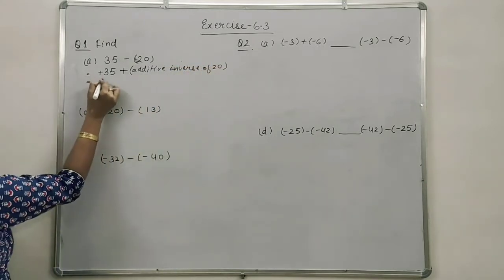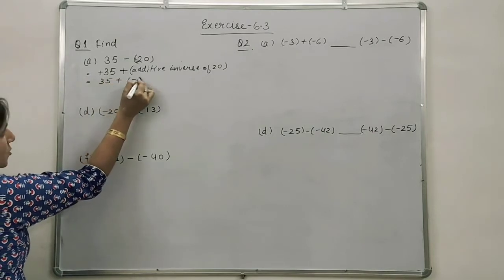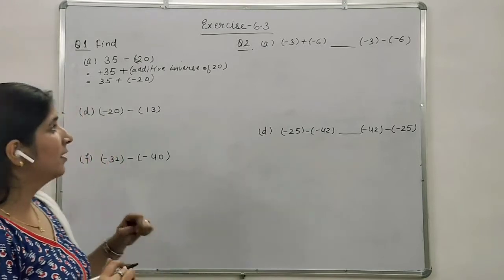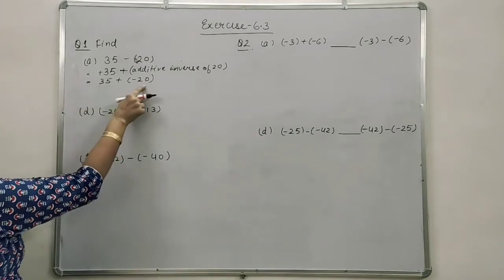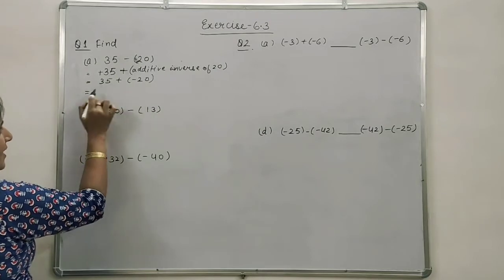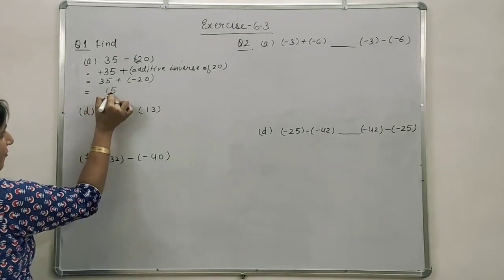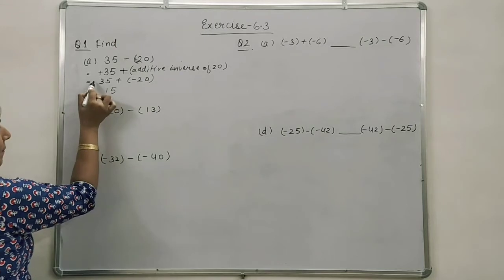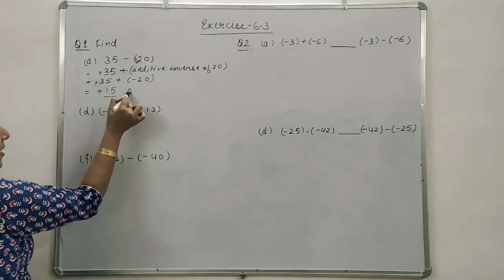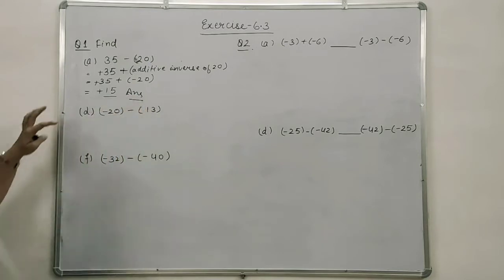So where will we reach? 35 plus minus 20. We are in the habit of doing this from exercise 6.2. We have learned how we can do it. Now they are having different signs. Okay, now how can I write it? With different signs, we have to take the difference. The difference is 15. The sign of the bigger numeral will come. Here is the positive sign, so positive. It means plus 15 is the answer. Okay, it is not compulsory to write the positive sign here.